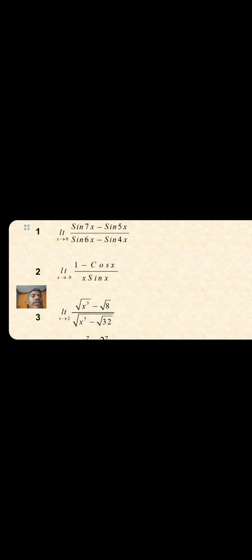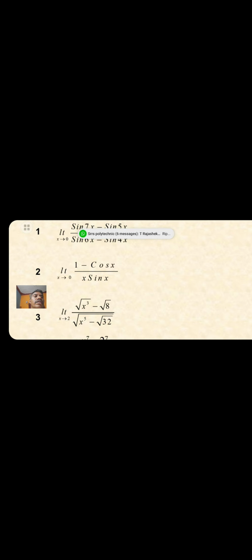If you observe, in the numerator we can write 8 as 2 power 3. In the denominator we can write 32 as 2 power 5. And if we remove the roots, x power 3 whole power 1 by 2 becomes x power 3 by 2.